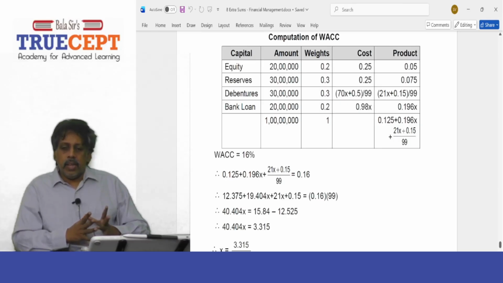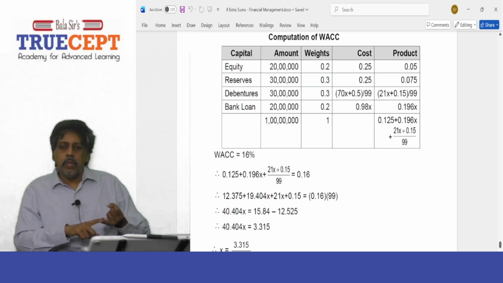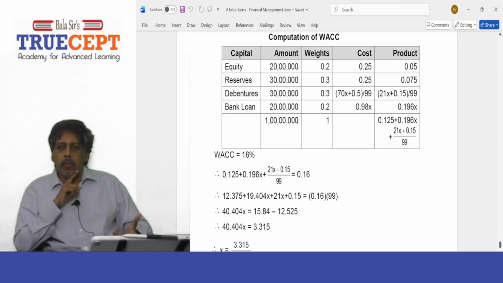Computation of WACC. Now they made a nice table, right? First column, capital source: equity, retained earnings, then debentures and bank loan. Amounts are rupees 20 lakh, 30 lakh, 30 lakh, 20 lakh, and then total 1 crore. Proportion 0.2, 0.3, 0.3 and 0.2.